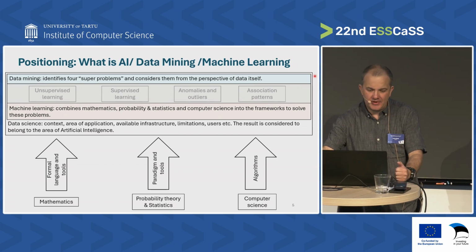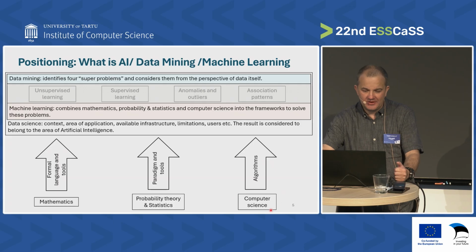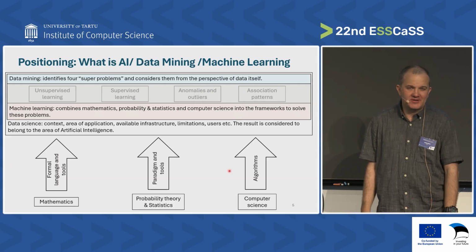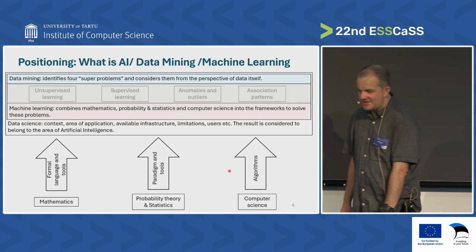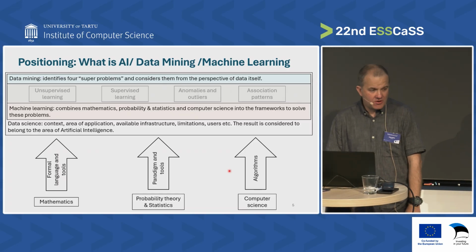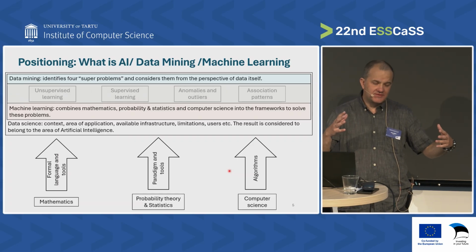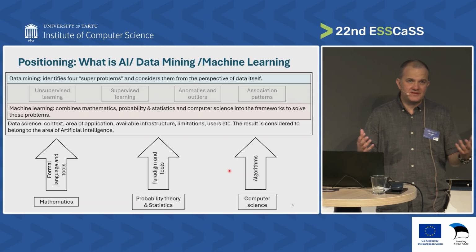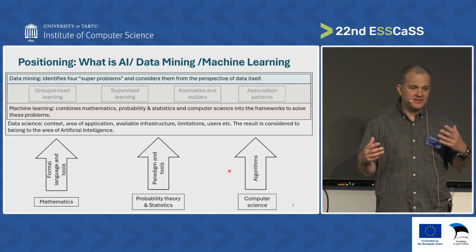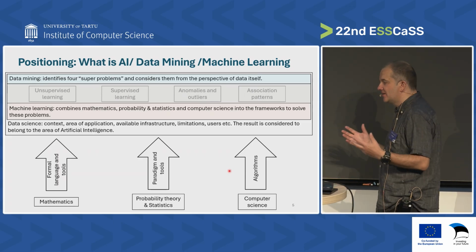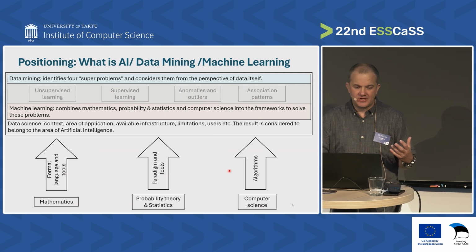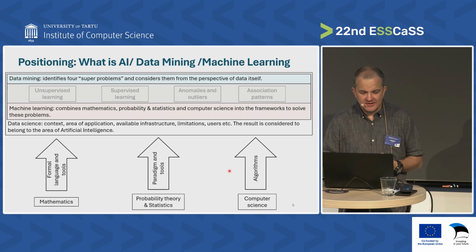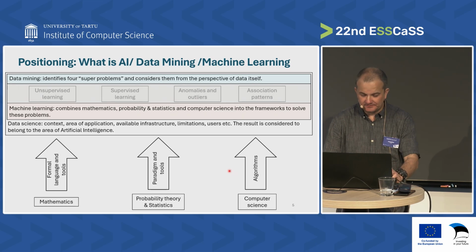Basically, I incorporated it in the part of computer science, because, well, a little bit of an egoistic perspective, myself I am more dealing with statistical machine learning. So we take from mathematics a formal language and some tools, probability theory and statistics. Well, it's methods also, and it's a paradigm, because our data is usually probabilistic by its nature. And then computer science gives us algorithms, logics, and stuff like this.